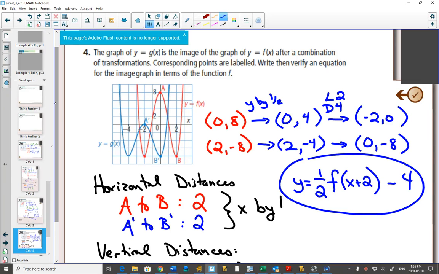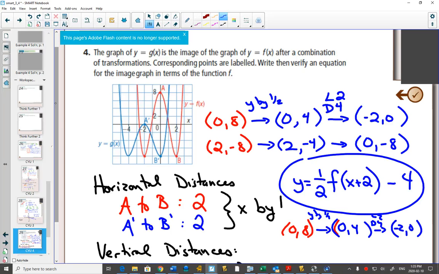It says to write and then verify. Verifying would be doing these, we could just go, okay, let's check. If I go (0, 8), and I do y by 1/2, left 2, down 4, it seems kind of redundant because we did this already, but if you check it, sure enough, (0, 4), and then (-2, 0), it works.